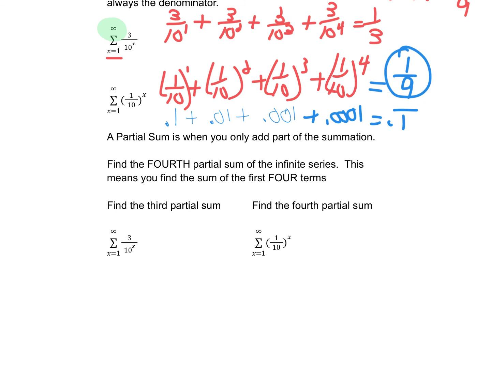Okay, so then a partial sum is basically when you only add part of the summation. So if we want a third partial sum or a fourth partial sum, the fourth partial sum would be finding the sum of the first 4 terms. The third partial sum would be finding the sum of the first 3, and so on.